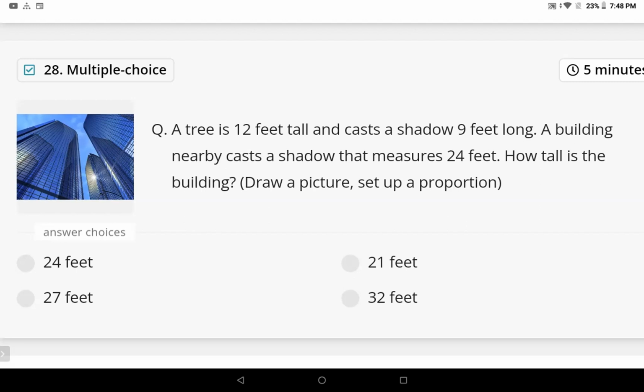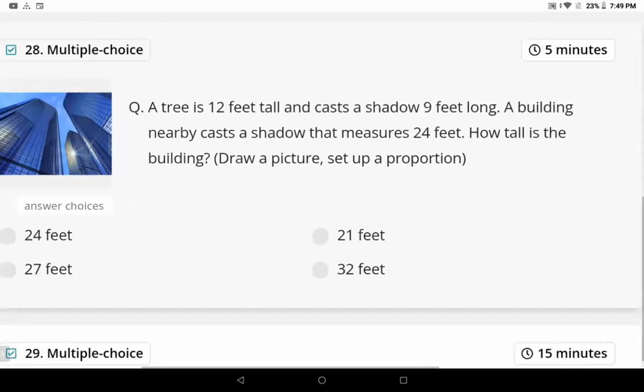Right now, you just see the tree's feet and the shadow's feet are given. Here the measure of the cast shadow is given as 24 feet. How tall is the building? What is the answer for this question? Divyesh, are you there?